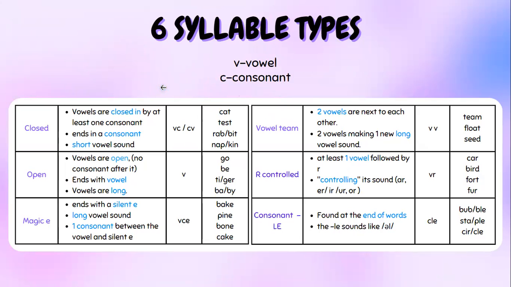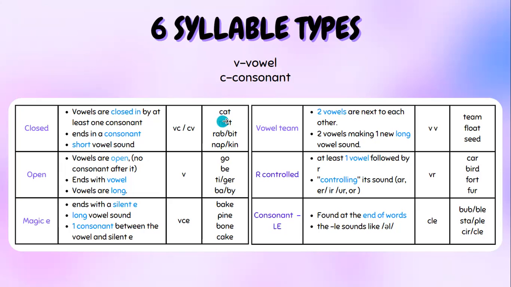First, we have closed syllables. A closed syllable is a syllable where the vowels of the syllable are closed in by at least 1 consonant. What that means is there's a consonant at the end of the word, of the syllable, and that closes in the vowel that the syllable has.